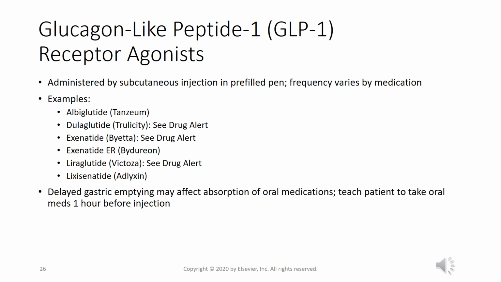So one thing that's important to know is that these can be used with oral agents in a type 2 diabetic, but they cannot be used with insulin therapy. The reason that these are more attractive than insulin is that some of these are extended release, for example dulaglutide, the Trulicity, that's a once a week injection.